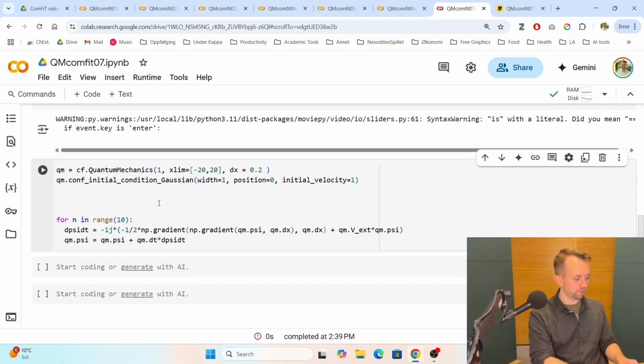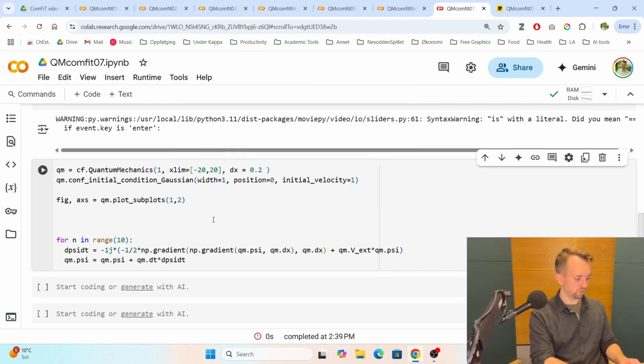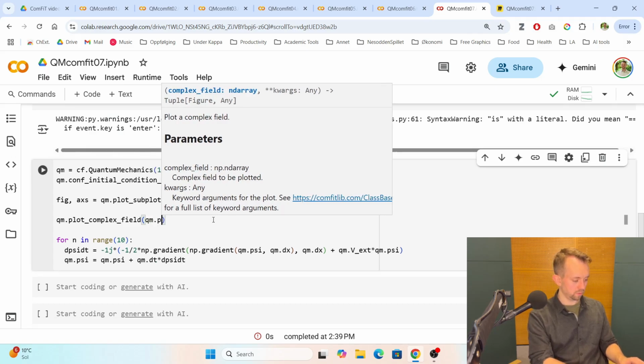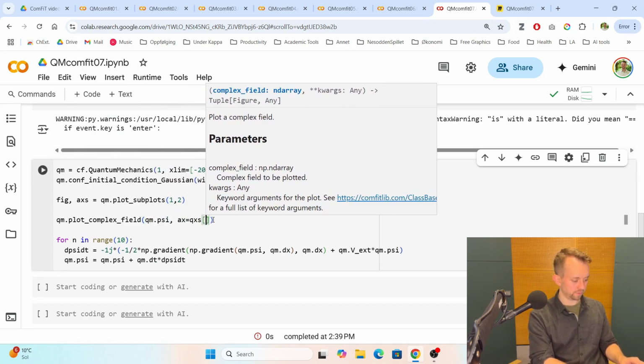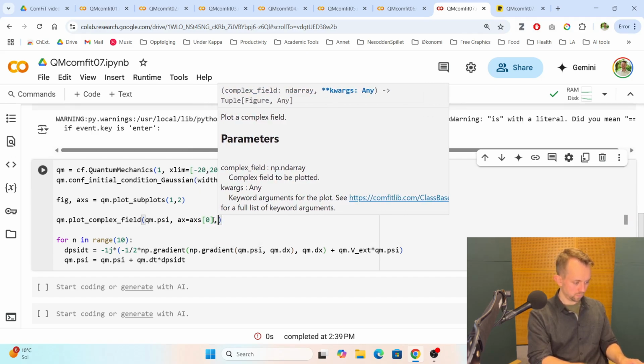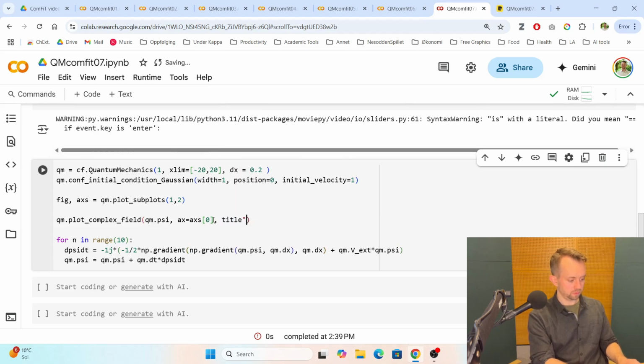So let's create a figure to see how this looks. I'm going to do fig, axis equal to qm dot plot subplots to create a grid, 1 row, 2 columns, and then we're just going to plot the initial condition, qm dot plot complex field, qm.psi, x equal x of 0, and title initial condition.